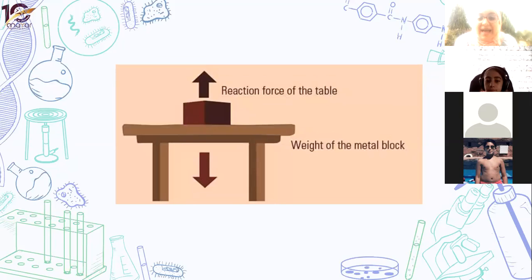If they are balanced pairs, that means the object is at rest. So right now, the book is on the table, so it's not moving. Whenever we're pulling the rope equally, it is not moving. It is stationary.